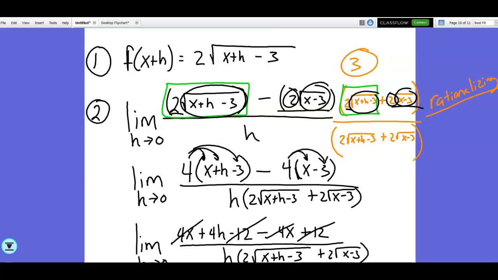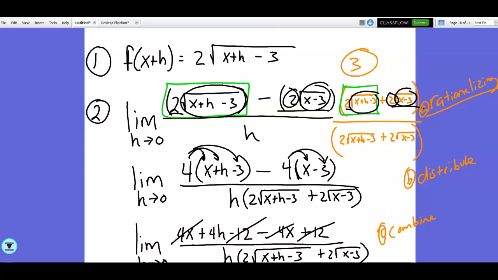After that, you're going to distribute. And after that, you're going to combine the like terms, which is going to cancel some things out. So those are the 3 really new steps there that are all part of step 3, which is first rationalize, then distribute, and then combine.